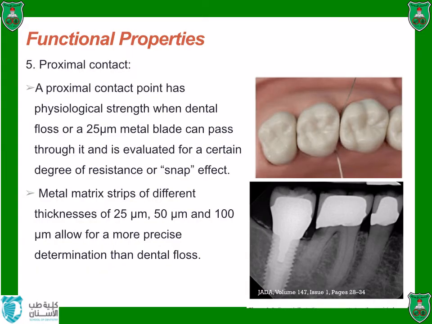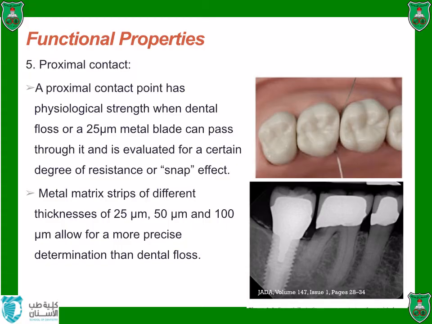As I say, we should have a snap effect. When you place your floss and remove it, there should be some resistance. We call it the snap effect. This indicates that you have a good proximal contact. If you don't have this snap effect, most likely you have an open contact.